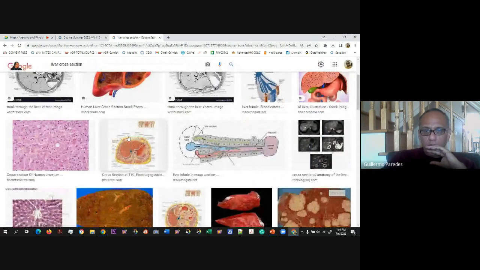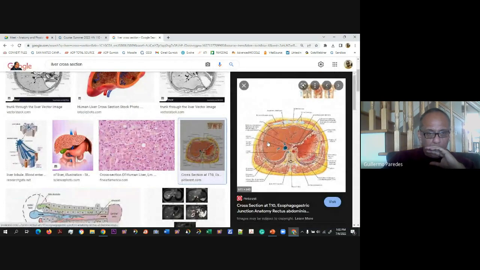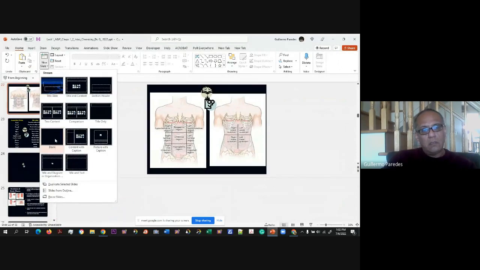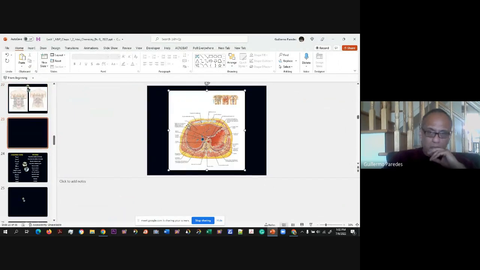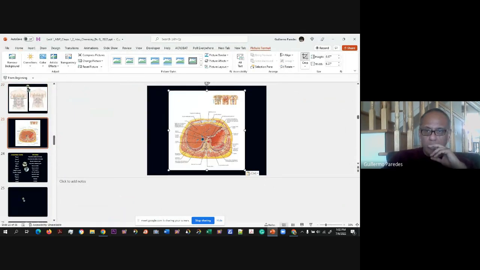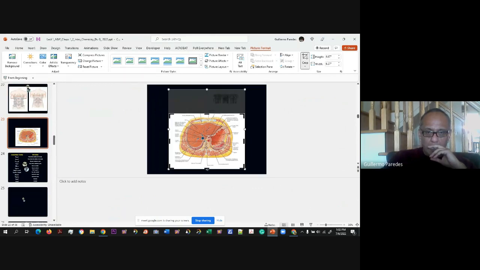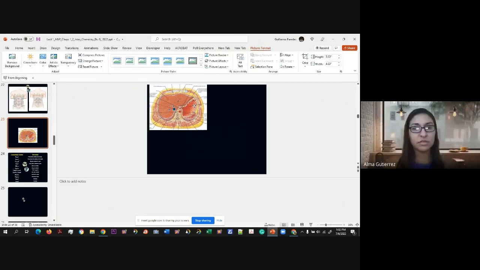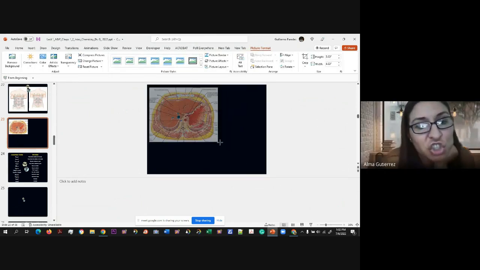Now that we understood this, tell me about this view. So this is a cross section, correct? Yes, transverse.